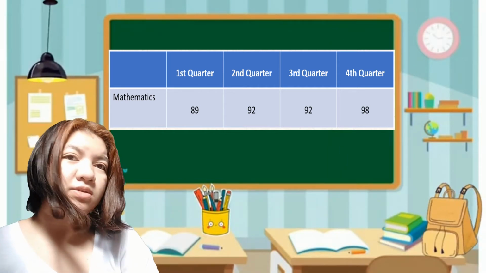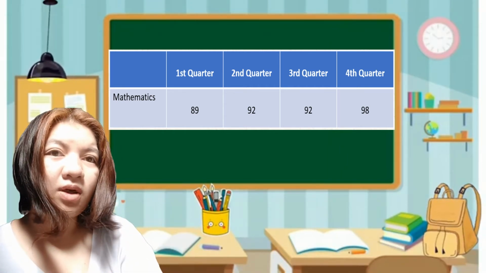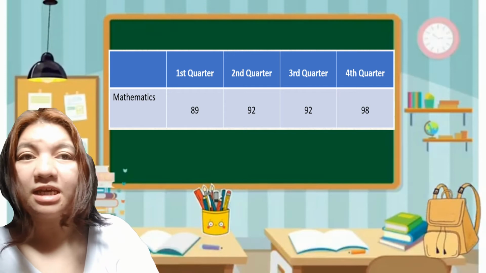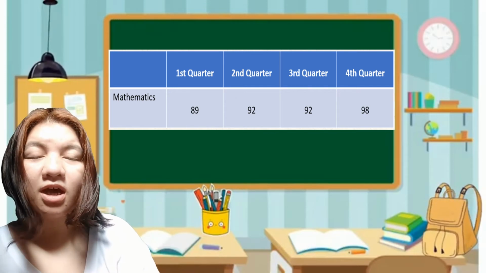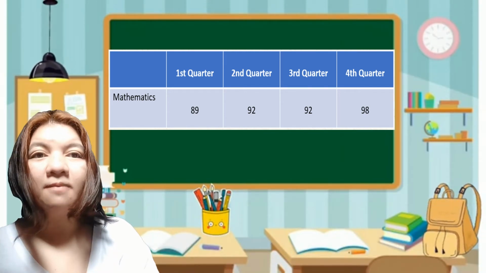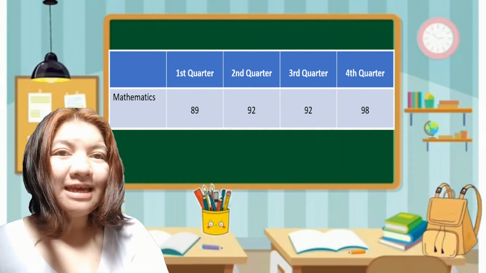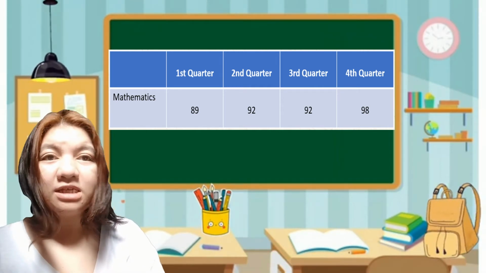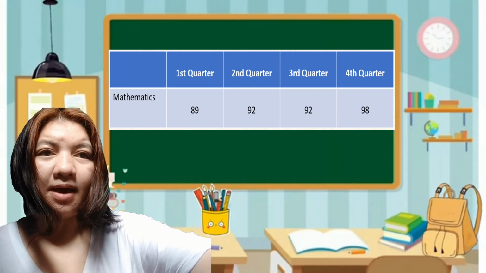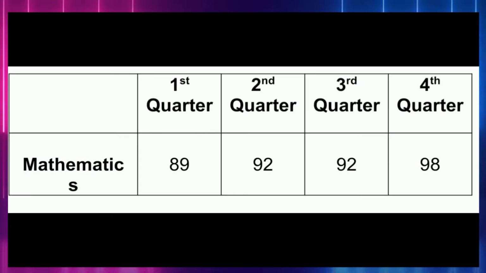As shown in the table, the x-axis is the first quarter, second quarter, third quarter, and fourth quarter, while the y-axis is the average grade of Maria.